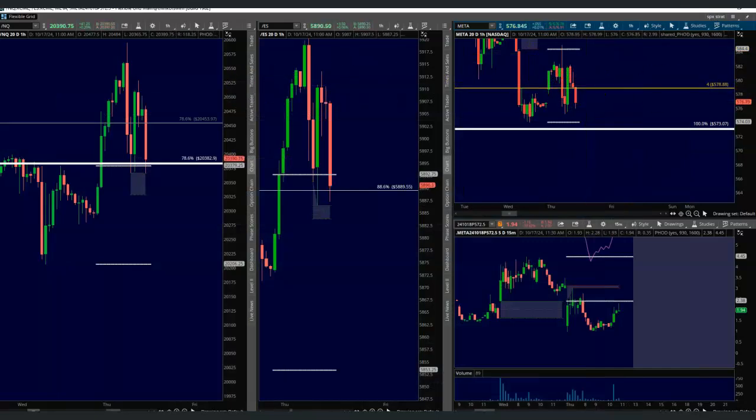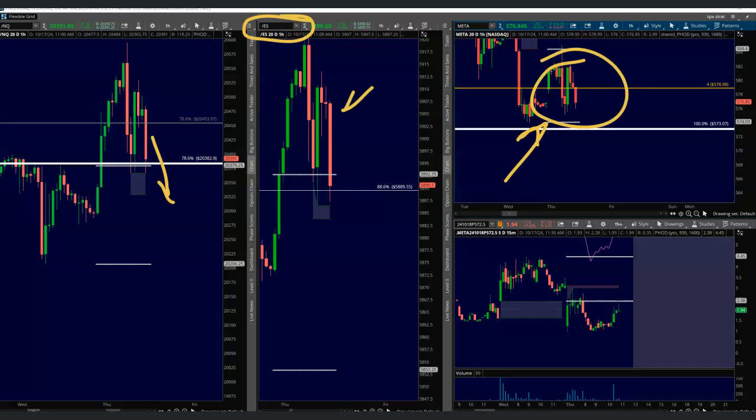The second thing is, aside from analyzing Meta by itself, I'm paying attention to the S&P and the Nasdaq, because the S&P and Nasdaq both tell me when I look at this that these are bearish. And again, the tail wags the dog. If this fails, this is going to fail as well. Now, I don't need these to fail to get Microsoft to drop, because this by itself has been pretty bearish all day in the past 2 weeks, but it helps that this is also bearish.